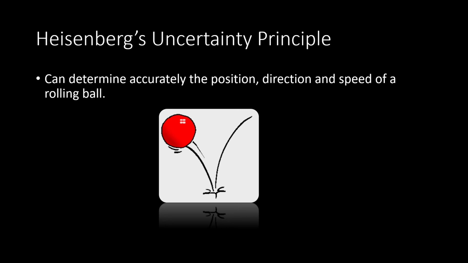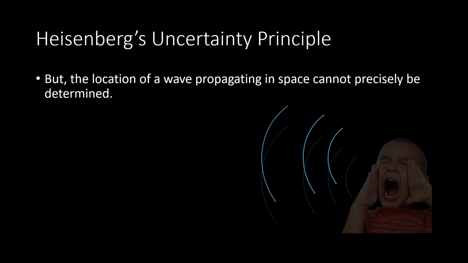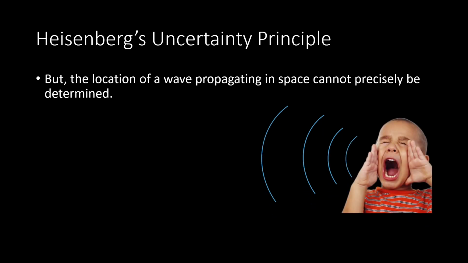So, is electron actually a particle or a wave? If it is a particle, then it will behave like a rolling ball. We can determine accurately the positions, directions, and the speed of the electron. However, if the electron is behaving like a wave, then it is very difficult for us to determine the exact locations of the electron, just like we can't precisely determine the locations of a propagating wave in space.